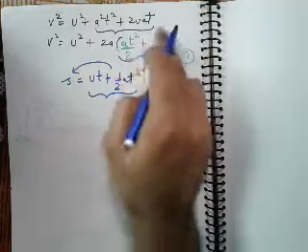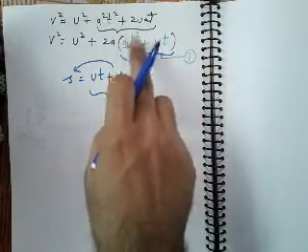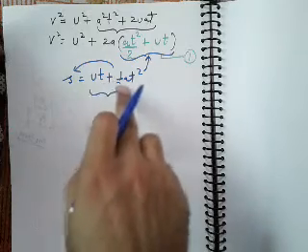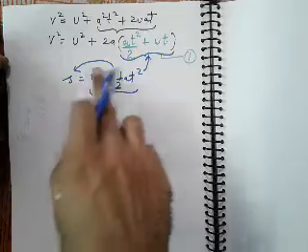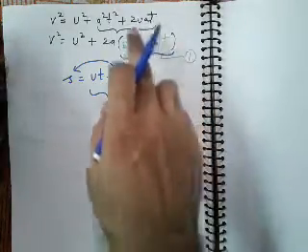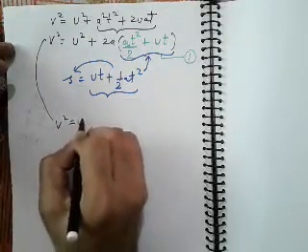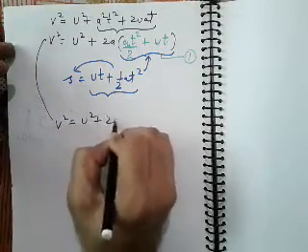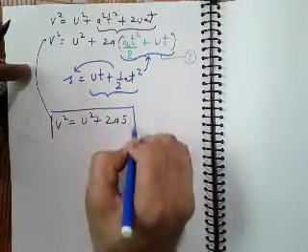So this whole equals s. So just put this s as a displacement here in equation 1, in place of this whole bracket, so you will get v square is equal to u square plus 2as. This is the third equation of motion.